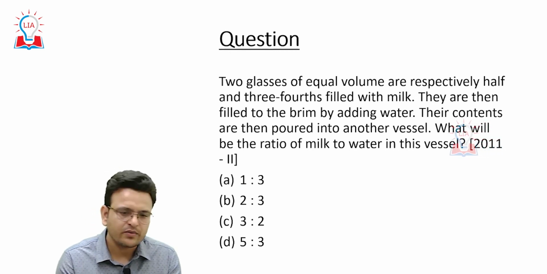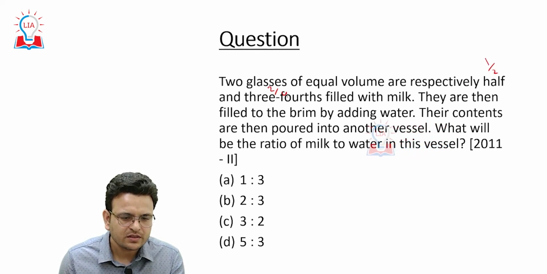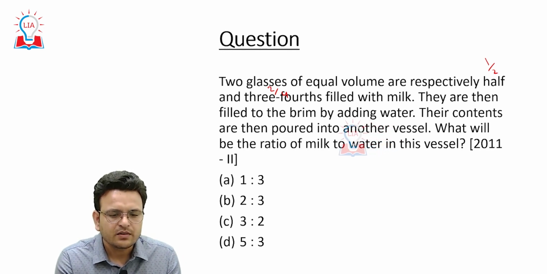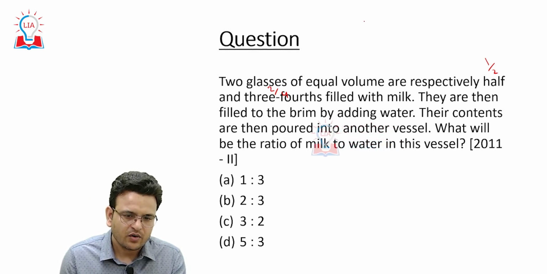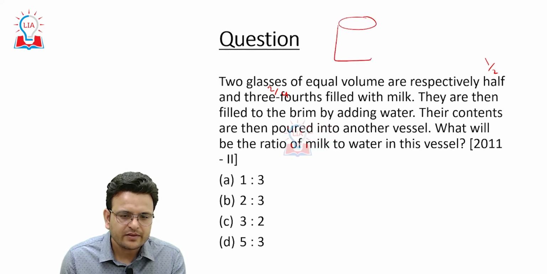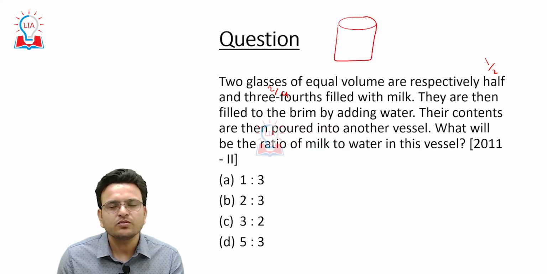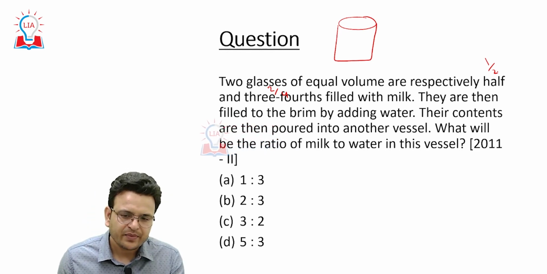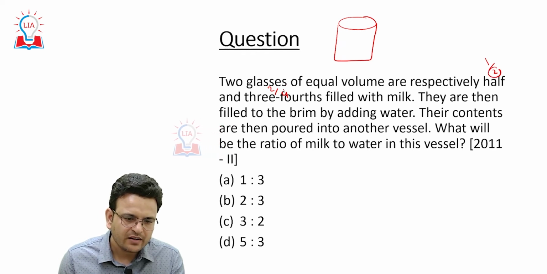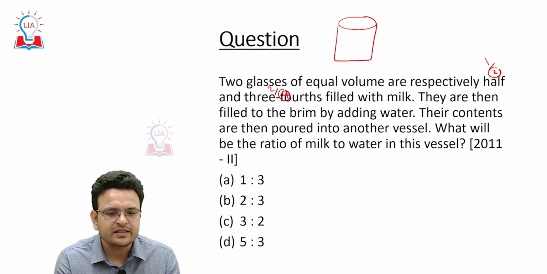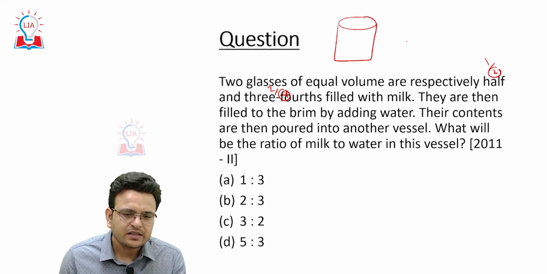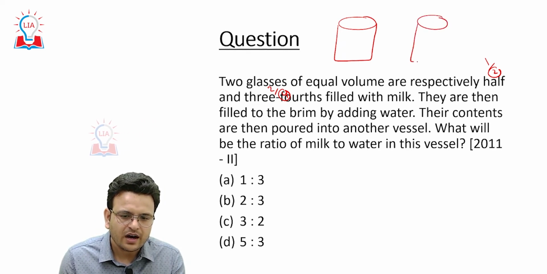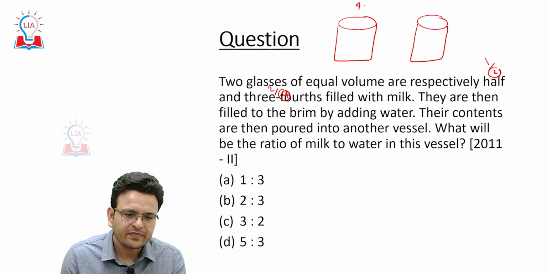Two glasses of equal volume are respectively half and 3/4 filled with milk. Okay, I told you earlier, whenever such questions come, we have to take a quantity of a glass. So for the quantity of a glass, we have to take the LCM of 2 and 4. So we can say the quantity of the two equal glasses is 4 liter.